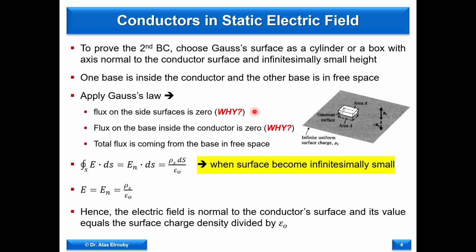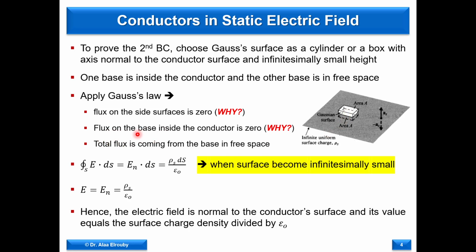You should reach the conclusion that because the electric field is normal to the surface, E is normal to the surface, while ds on the side is parallel to the surface. So E dot ds will equal 0 because E and ds are perpendicular to one another.